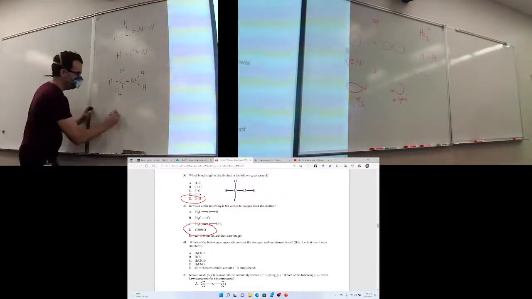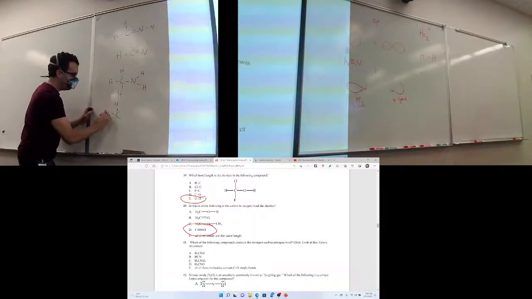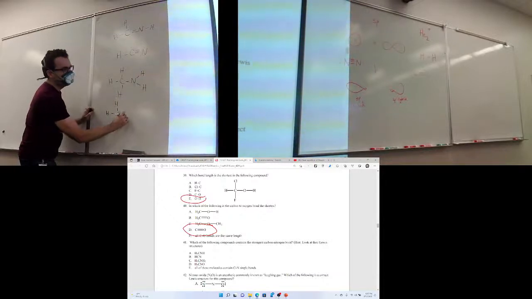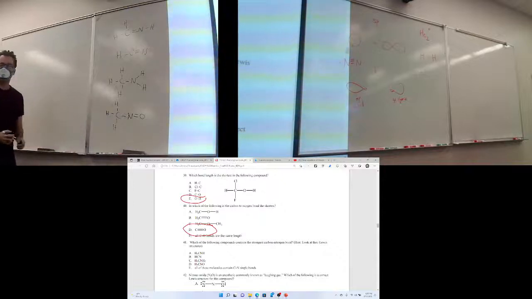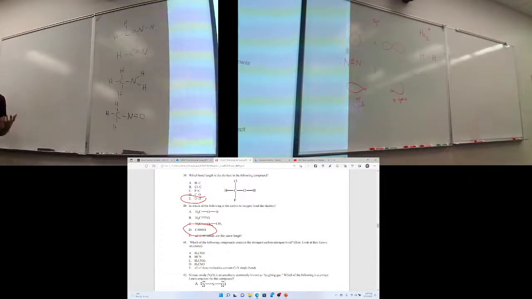The last one, 3 hydrogens connected to a nitrogen, and then to an oxygen, double bond to oxygen. Oxygen needs 2 bonds, nitrogen needs 3, carbon needs 4. I mean, those guidelines are to have formal charges of 0 on your atoms.